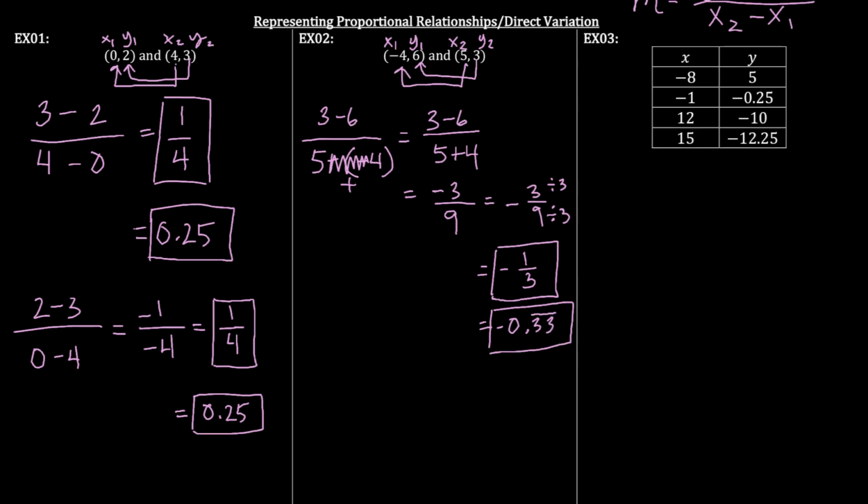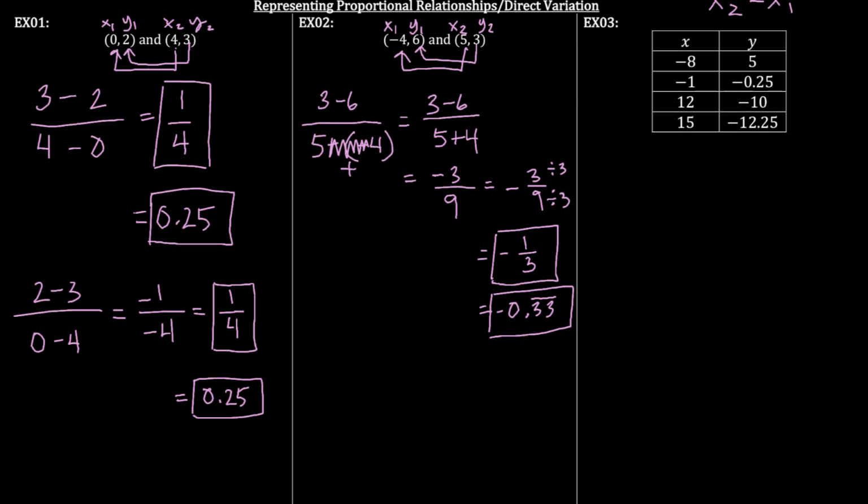All right, let's try it the other direction. So instead of 3 minus 6, we're going to do 6 minus 3. And instead of 5 minus negative 4, we would do negative 4 minus 5. So 6 minus 3 is positive 3.